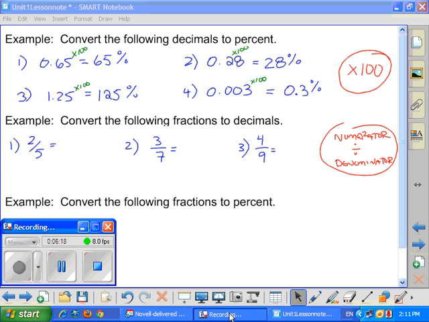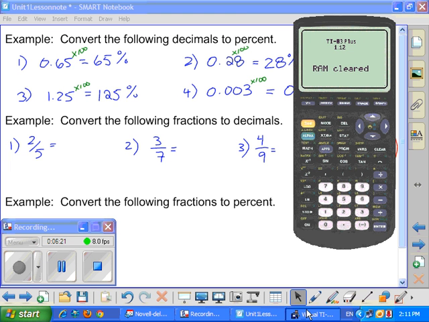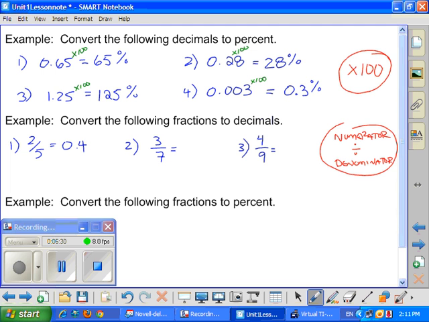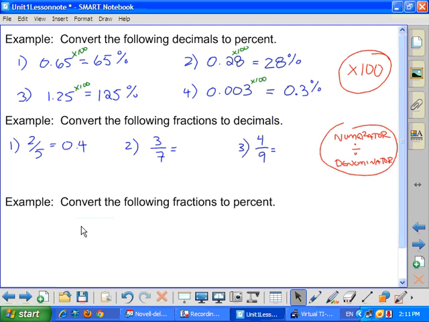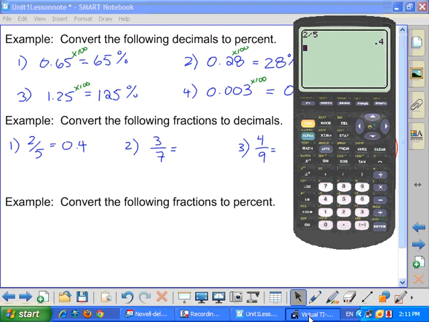So I need to grab my calculator. So I literally punch in 2 divided by 5, and I get 0.4. Okay, 3/7. 3 divided by 7, numerator divided by denominator, 0.43.